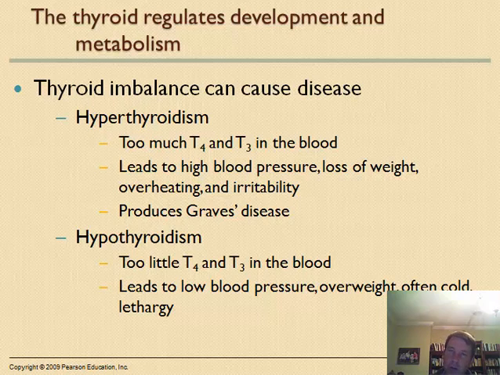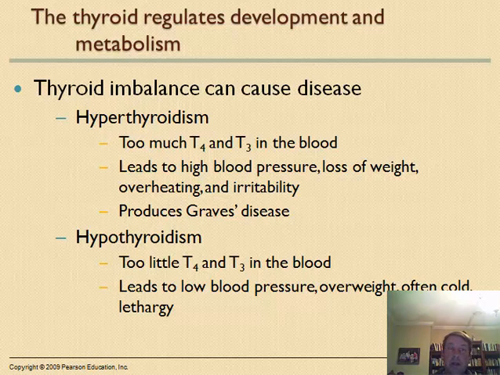So it leads to lower blood pressure, overweight, and that type of thing. There's another condition called myxedema, and this is when it occurs in adults, and it's going to lower the mental activity and all the metabolic relationships as well.